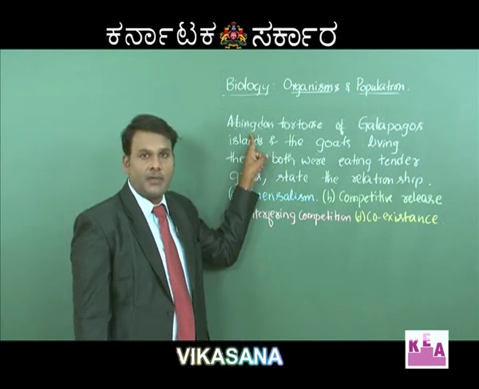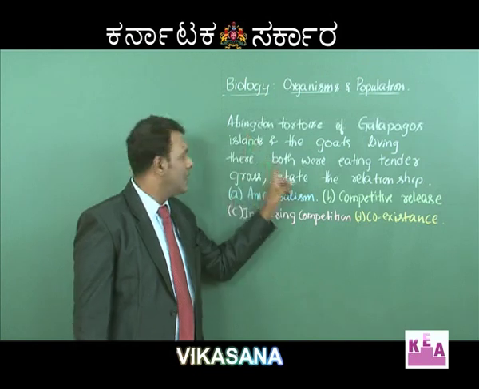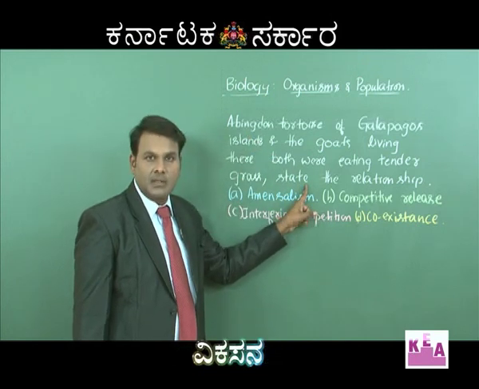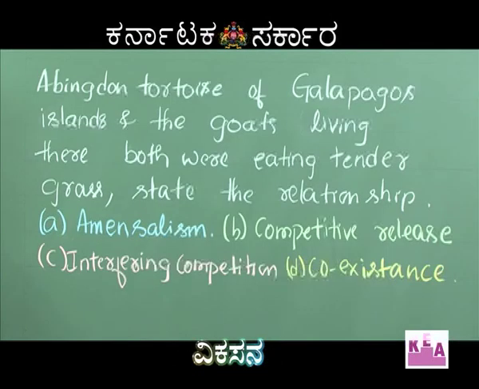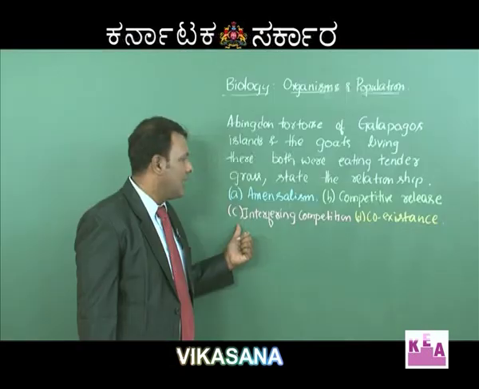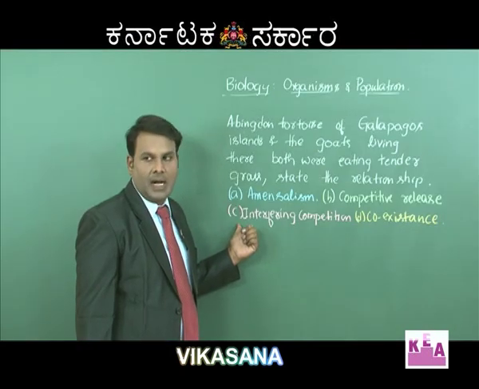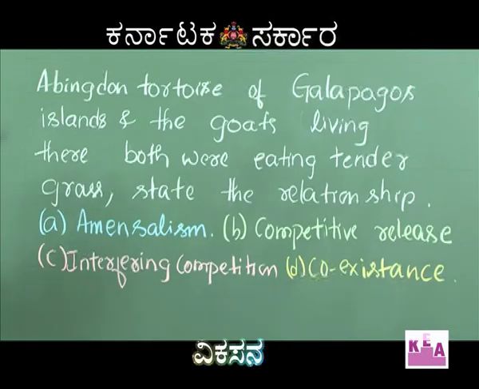So, this type of competition wherein the goats interfered with the existence of abundant tortoise, such a type of interaction or relationship is called interfering competition, and hence the option C is the correct answer.